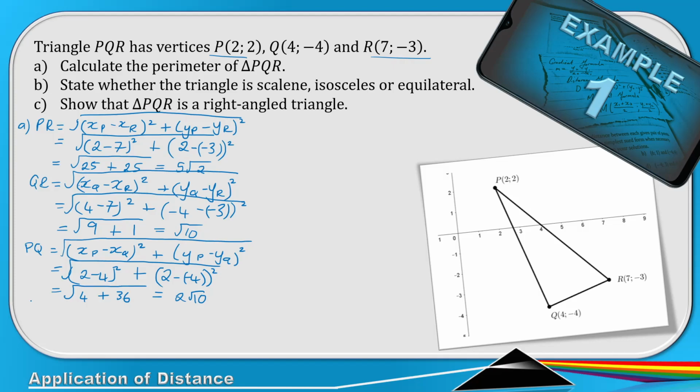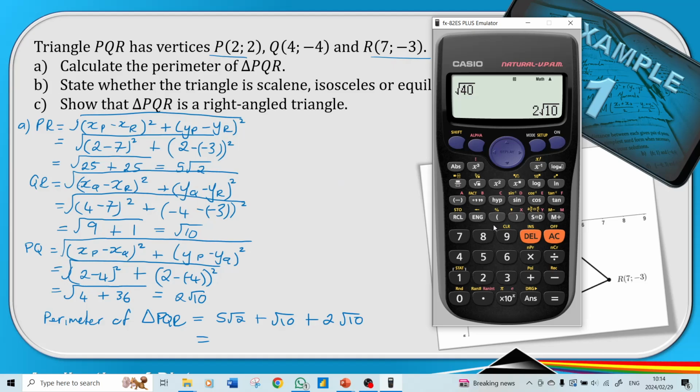Okay, now just to find the perimeter of triangle PQR, that is now just equal to all of the sides added together. So we've got 5 square root of 2 plus square root of 10 plus 2 square root of 10, and then we can type that into the calculator again.